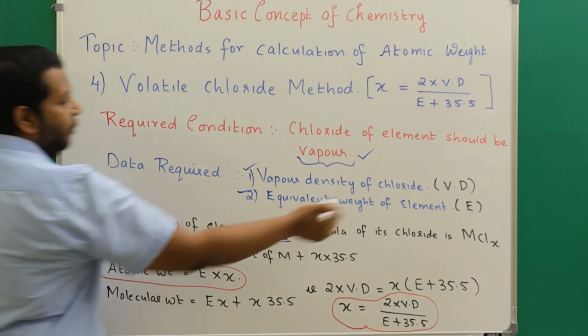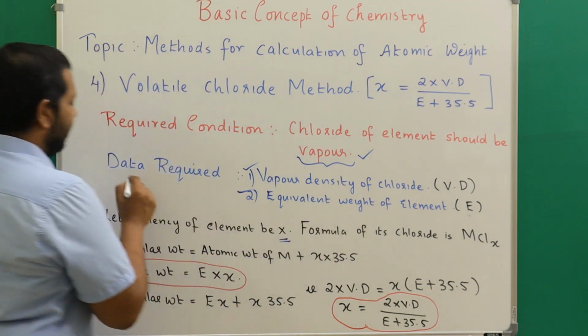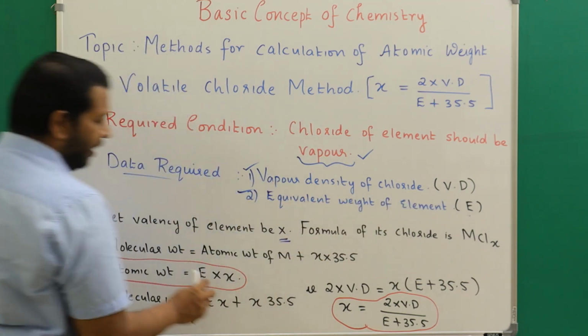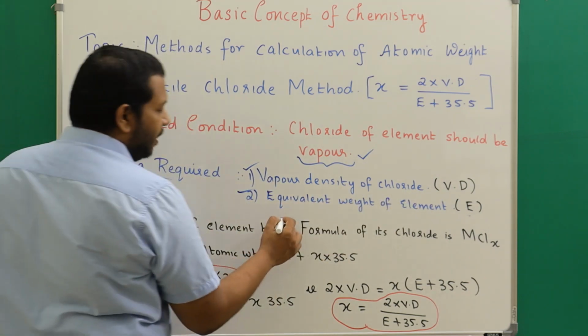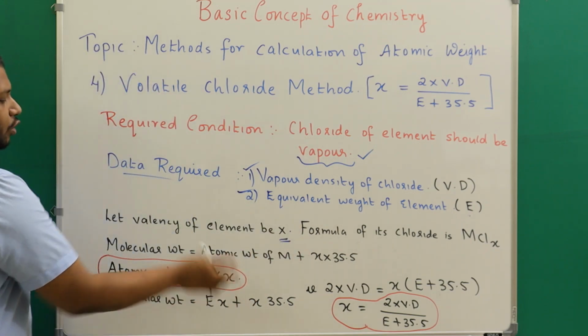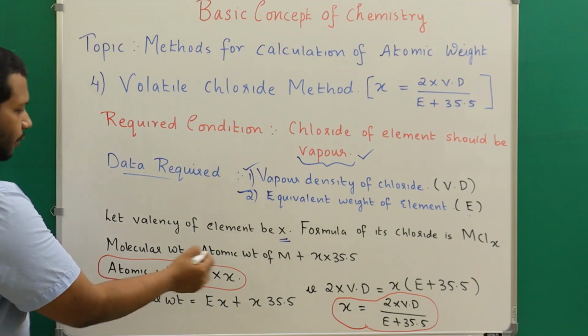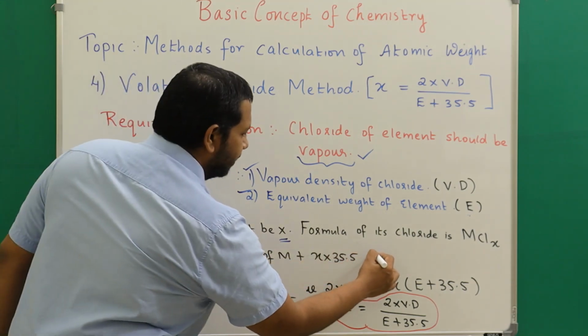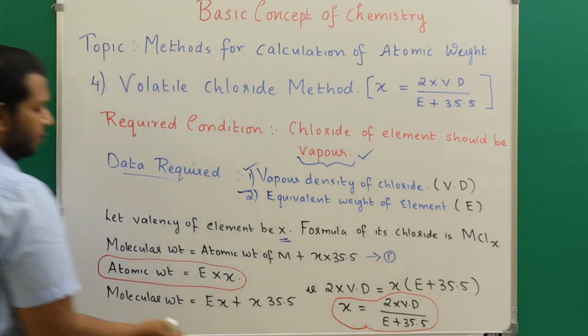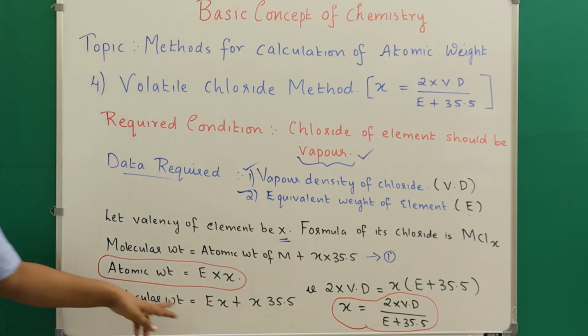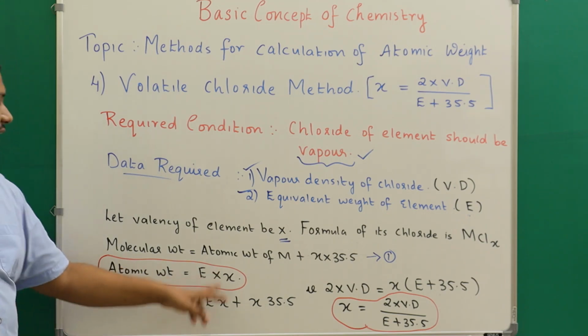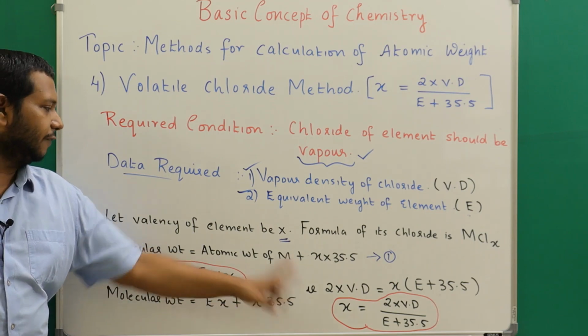Equivalent weight is given data. E into valency, which we are assuming as X, so E into X. I can substitute this value in equation 1, so molecular weight is equal to EX plus X into 35.5.